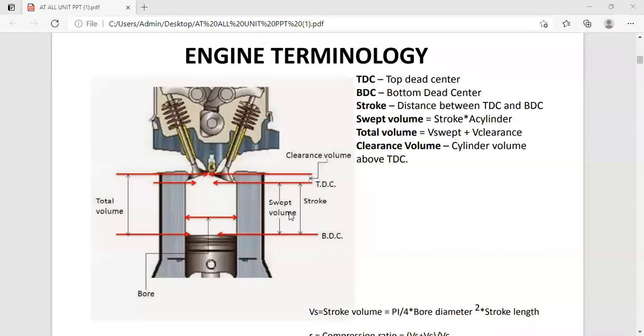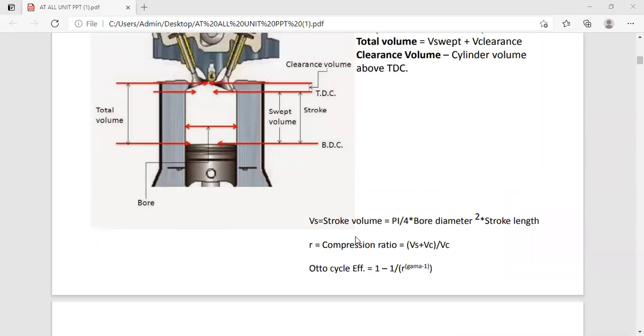So 2LN is the speed of the piston. Next point we are discussing is the compression ratio. Okay, this is a very important term. Generally, the compression ratio is denoted by the letter R, and it is the ratio of the total cylinder volume to the clearance volume.